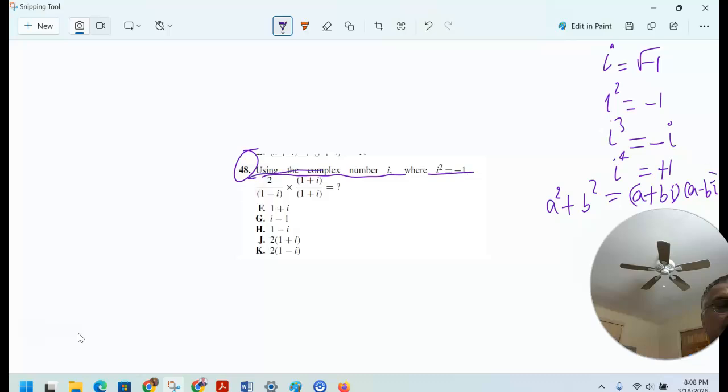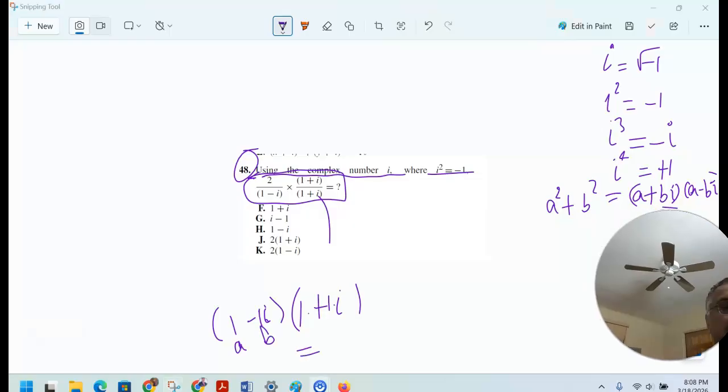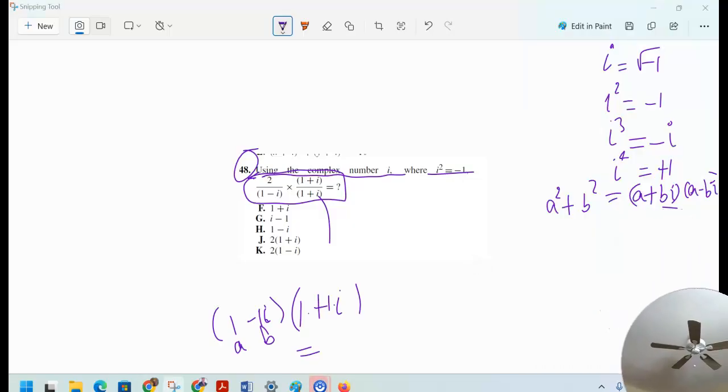Now, you are given this expression. All I will do first is the bottom piece. The bottom piece is 1 plus i and 1 minus i. So this is of the form where a is 1 and b is 1. So directly we can use the formula from here, going backwards, from right to left.